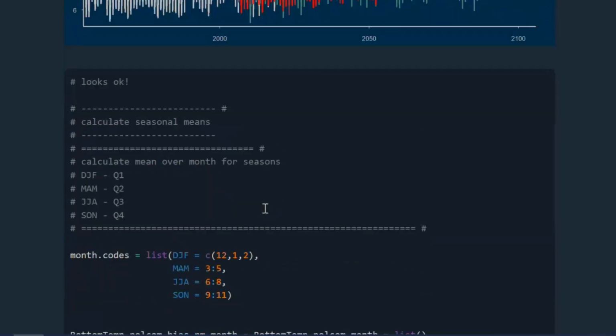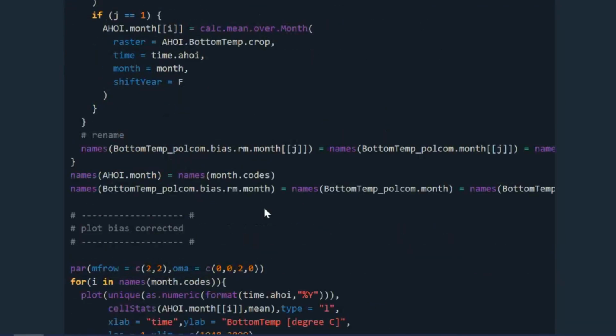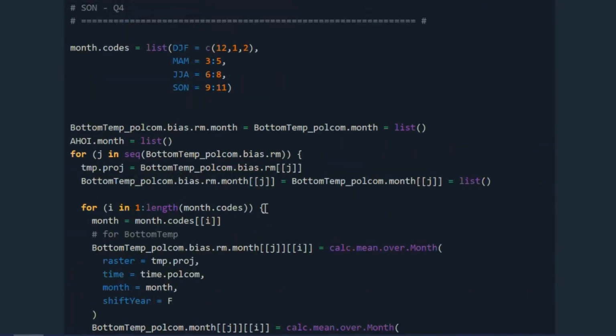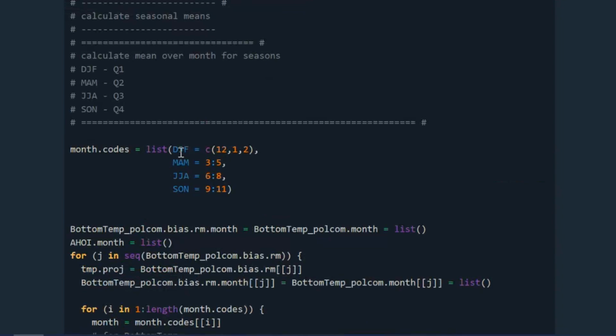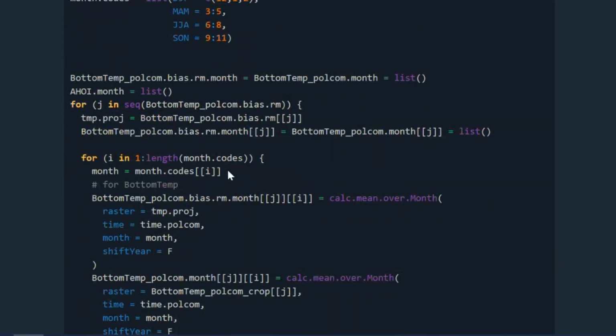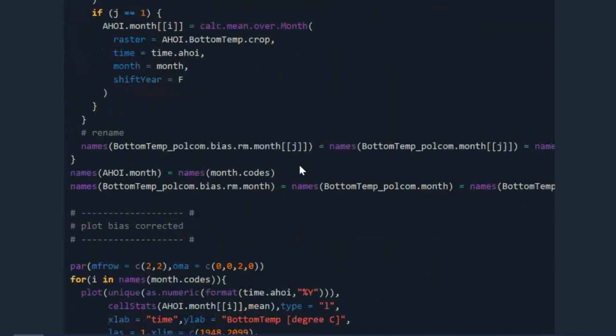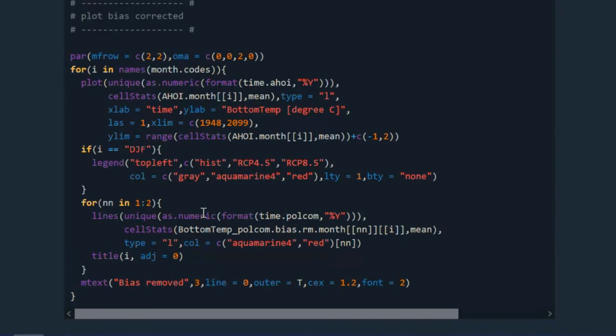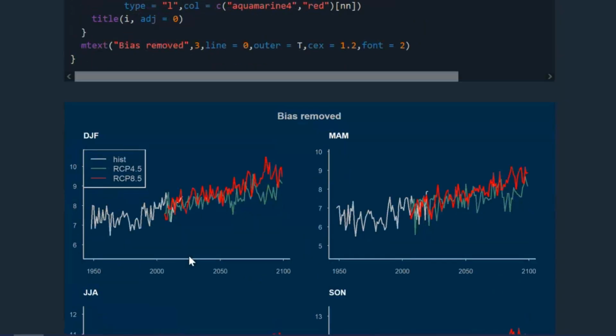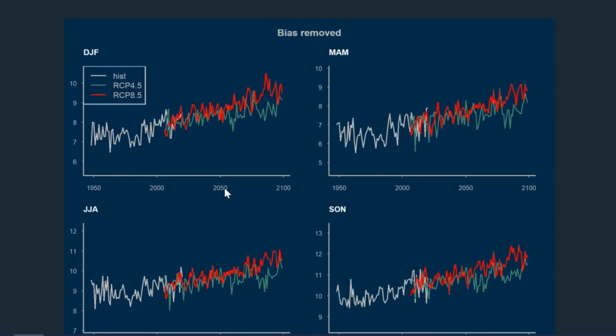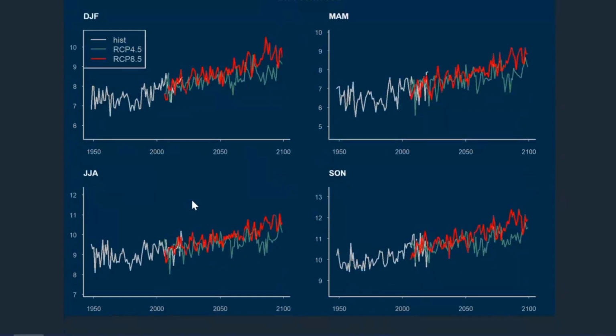And when we calculate seasonal means, what we do here now for periods December, January, February, March to May, summer and autumn, we calculate the mean over those months for all those data sets and look at the bias corrected time series. And we now see when we remove the bias, it's gone for all those different periods where we average the data over. So this is quite nice.